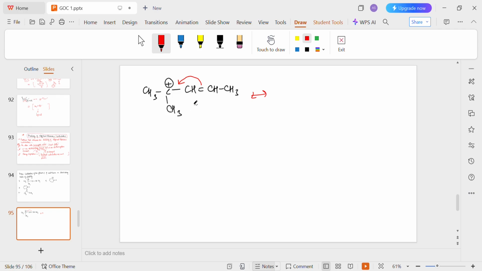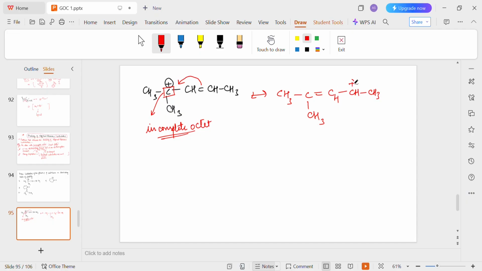Here the carbon bearing a positive charge has an incomplete octet. Since we are moving this pi electron density towards this carbon, we are stabilizing this positive charge by making its octet complete. But in the process of moving this pi electron density towards this carbocation, we generate another carbocation.